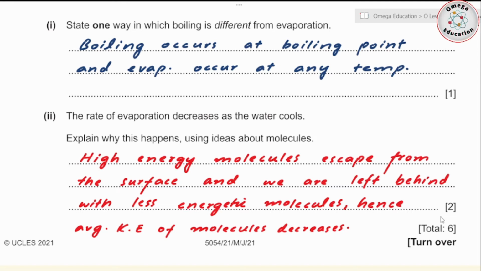Hence, the average kinetic energy of the molecules decreases. So you're assigned 2 marks for it. One mark is for commenting about the average kinetic energy of the molecules. Will it increase or decrease? And the other mark is for mentioning the reason, like why the average kinetic energy of molecules would decrease.